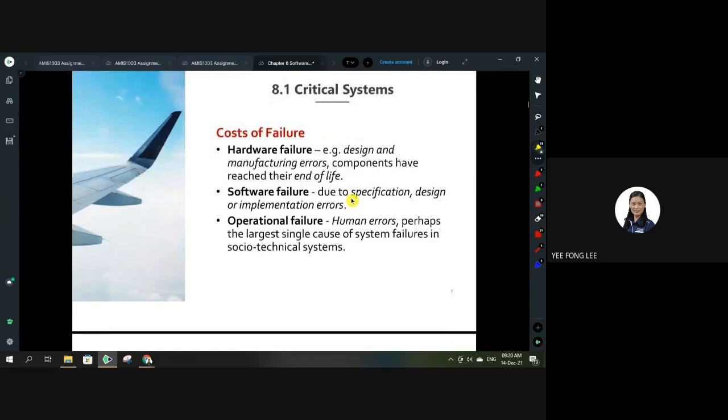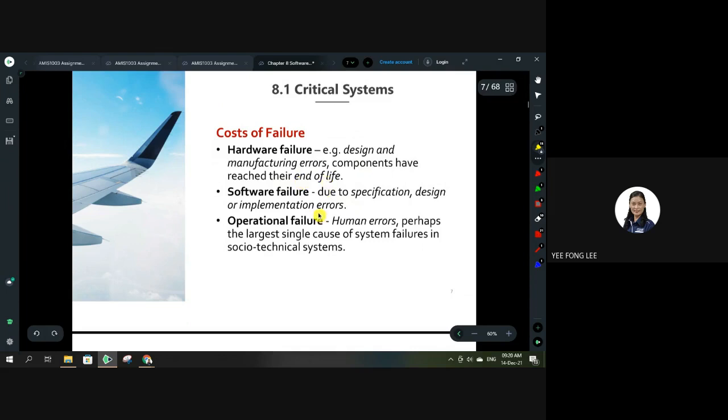Causes of failure here: hardware, software, and also operational failure. This is quite straightforward. Hardware failure, for example, design and manufacturing errors, or components that have reached their end of life.